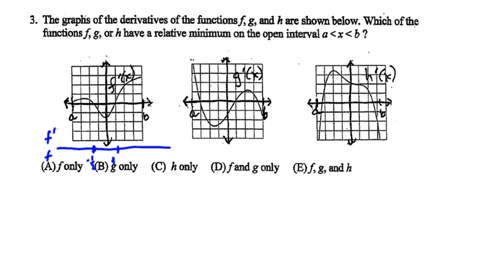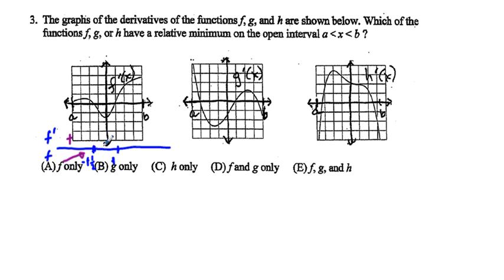And what's happening is to the left, f prime is above, so we are positive and the function is increasing up to about -1 and 1/2. The graph's a little hard to read.